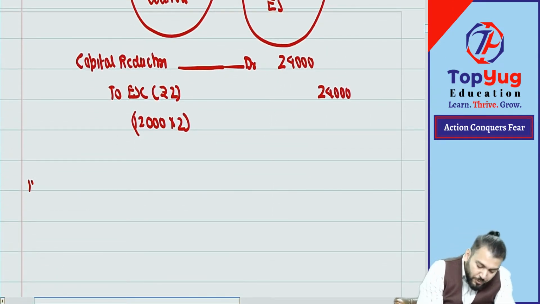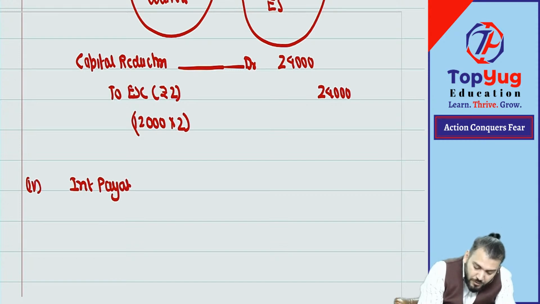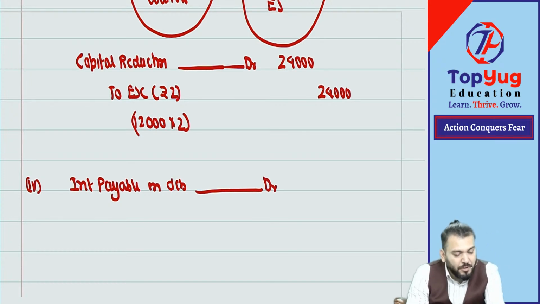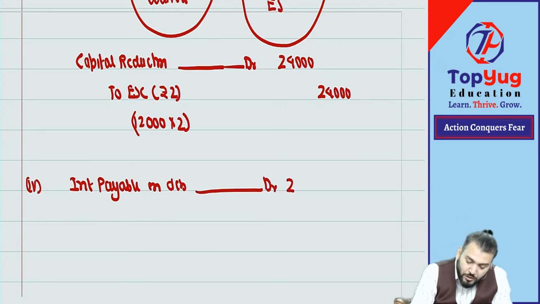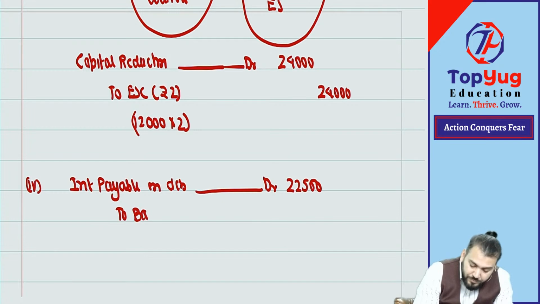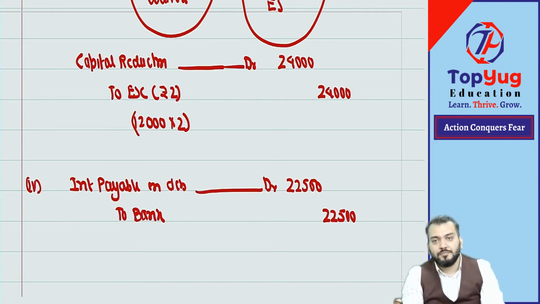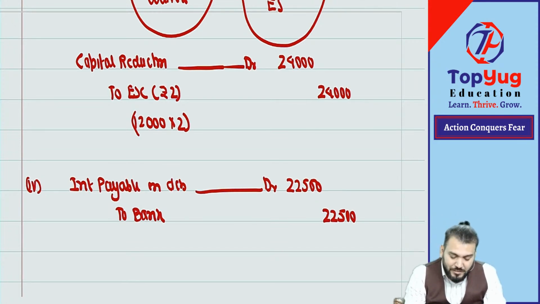Interest payable on debenture account debit, to bank, 22,500. Simple. Correct? Yes, sir. This also you have understood.